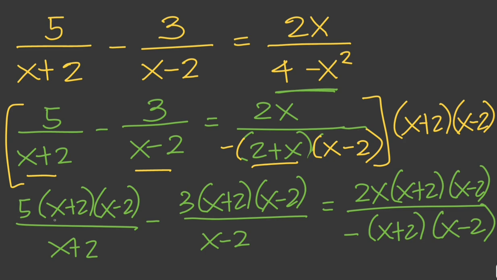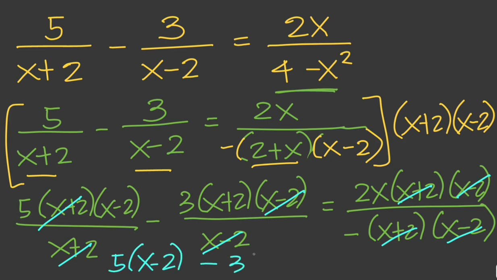So here the common factor is x plus 2. That would cancel out, and here is x minus 2, and here are x plus 2 and x minus 2. So we'll be left with 5 times x minus 2 minus 3 times x plus 2 equals negative 2x. Then we can expand this, so we can solve for the value of x.